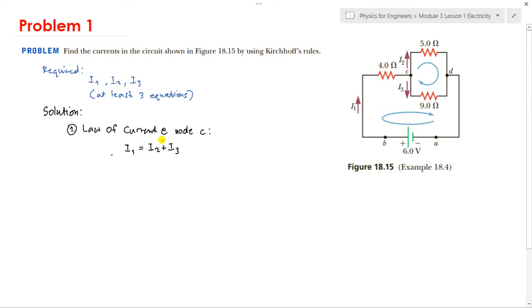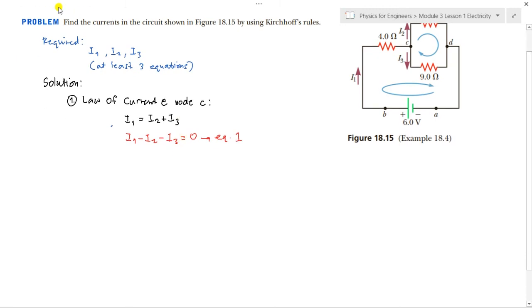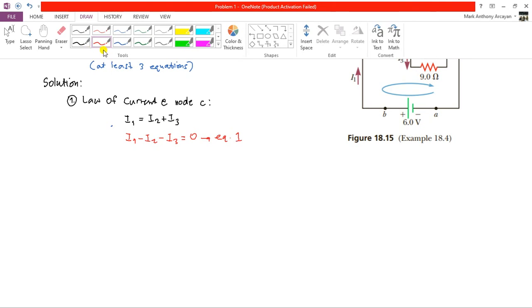Transforming this into a general equation, it becomes I1 minus I2 minus I3 is equal to 0. This serves as my equation 1. So we now need 2 more equations. We use the loops since we have no other node that relates them.